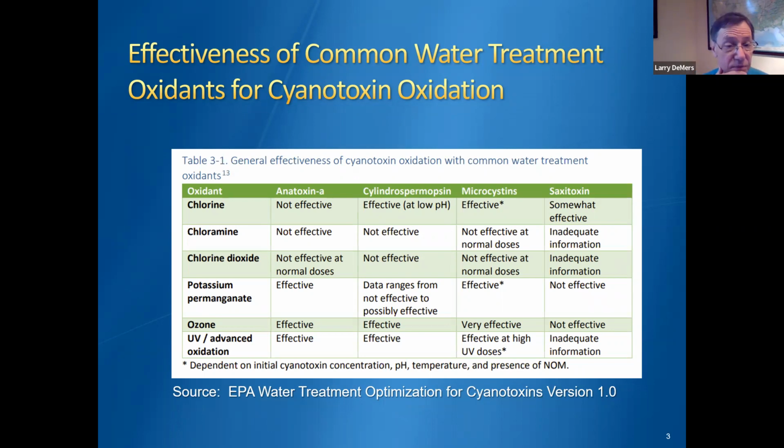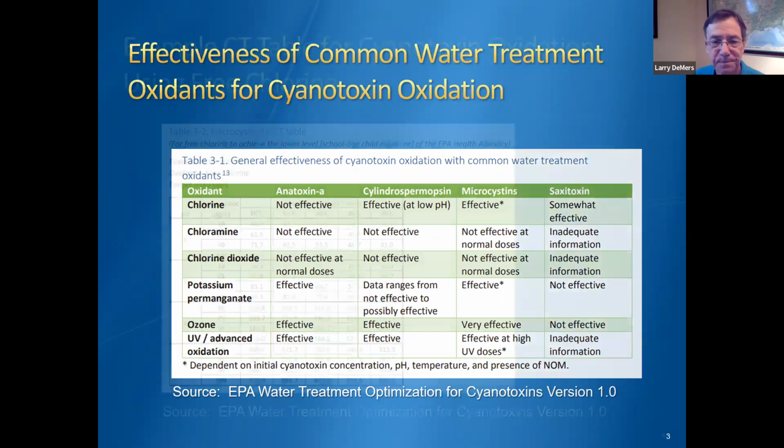But we get down to permanganate, effective, ozone effective, advanced oxidation effective. So it's really important to know what toxin you have and whether it's intracellular or extracellular. But by using this table and knowing what you have, you can plan your strategy a little bit better.